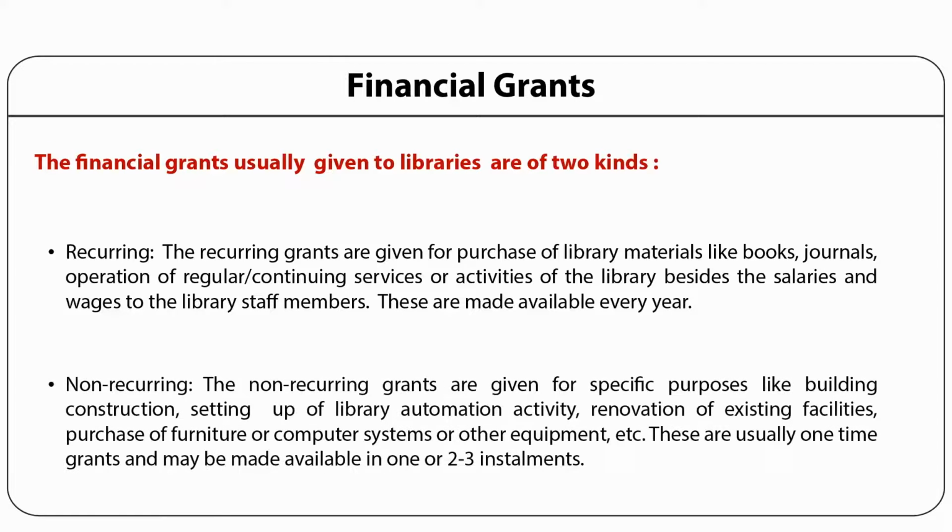The non-recurring grants are those grants which are given for specific purposes like building construction, setting up of library automation activity, renovation of existing library facilities, purchase of furniture or computer systems or other equipment, etc. These are usually one-time grants and may be made available in 1 or 2 to 3 installments.